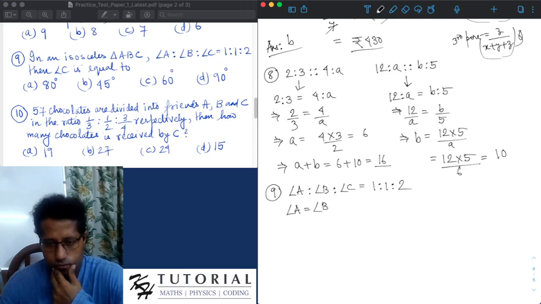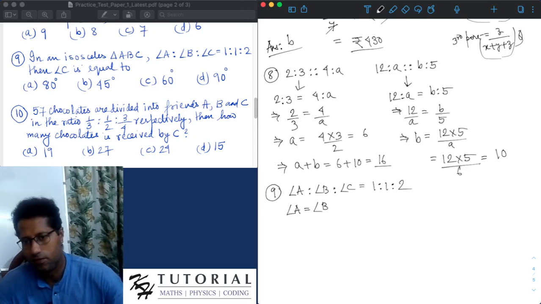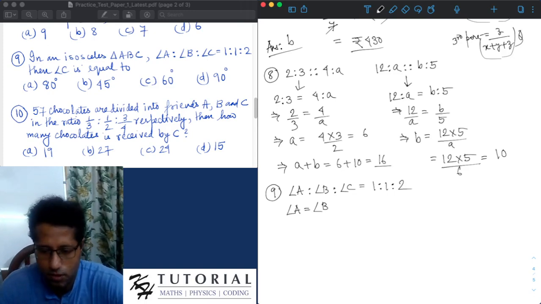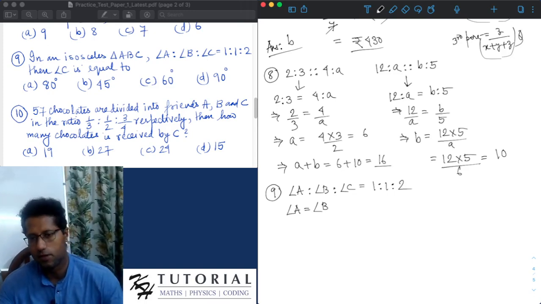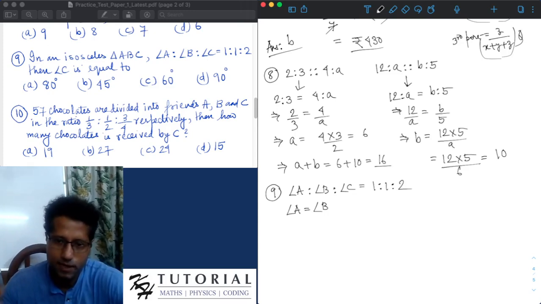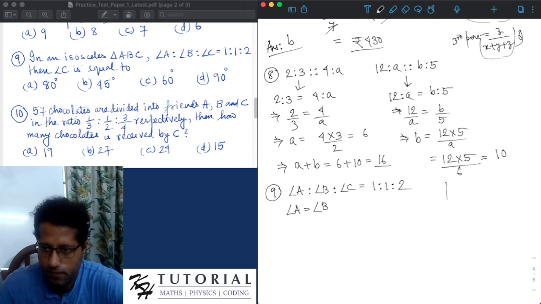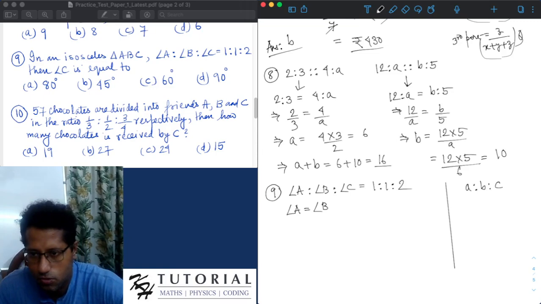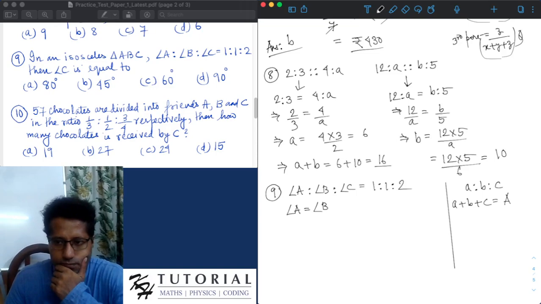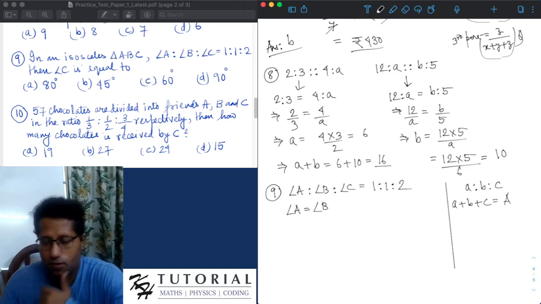We know that for these kind of problems where the ratio of three quantities are given, and we also know the sum of the quantities, the standard way is this: if three quantities are in the ratio A is to B is to C, and it is also given that A plus B plus C is some value, then we have to find A, B and C.